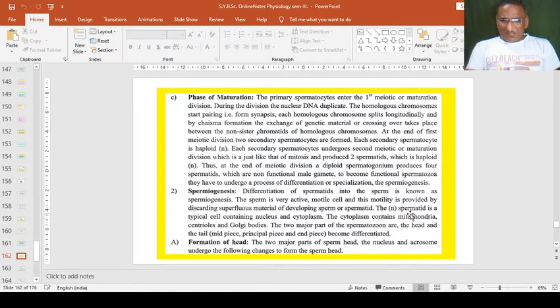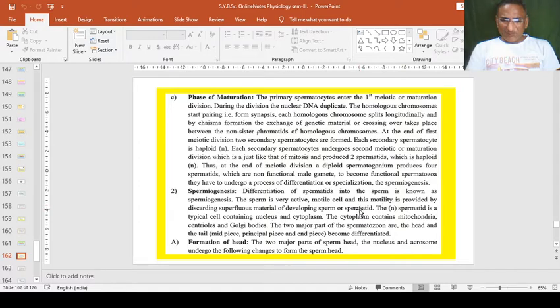The spermatids formed are typical cells containing a nucleus and cytoplasm. The cytoplasm contains cell organelles like mitochondria, centrioles and Golgi bodies. The two major parts of the spermatozoon are the head and the tail. The head is globular, somewhat ellipsoid.